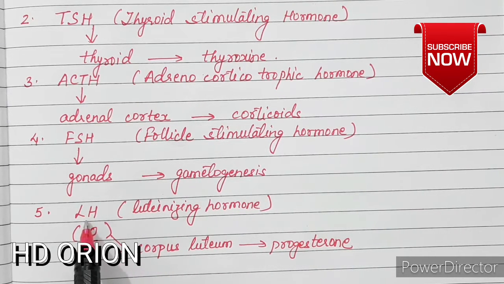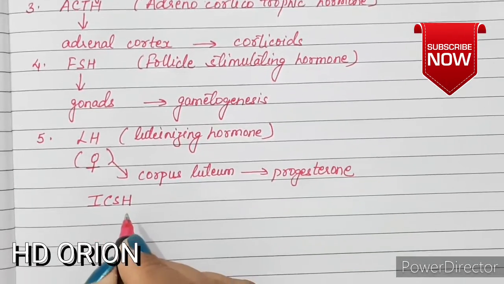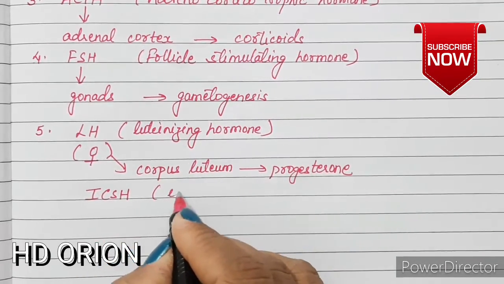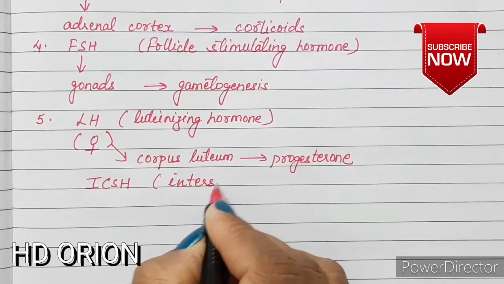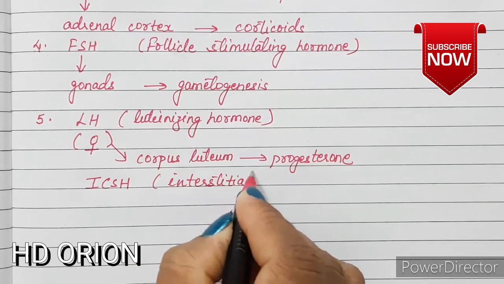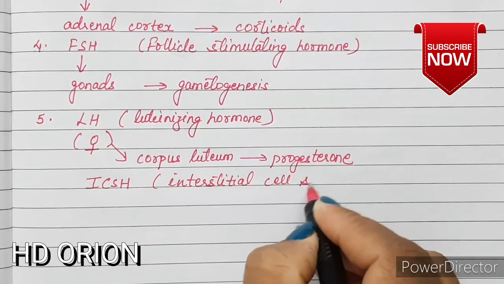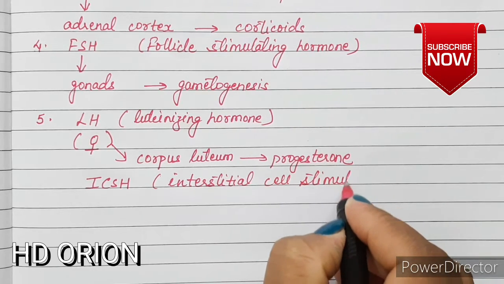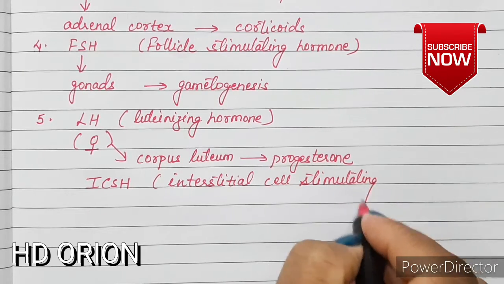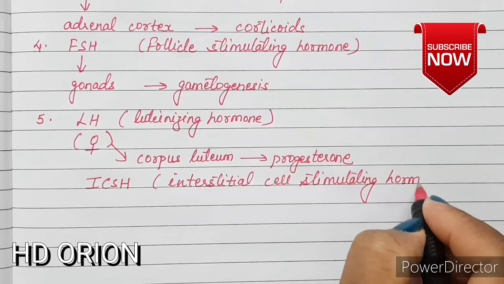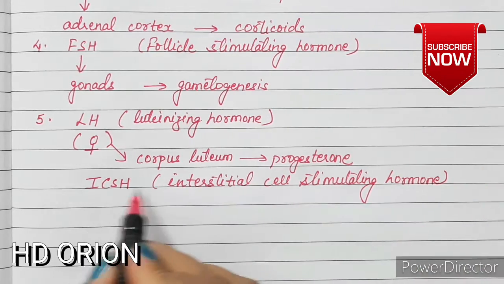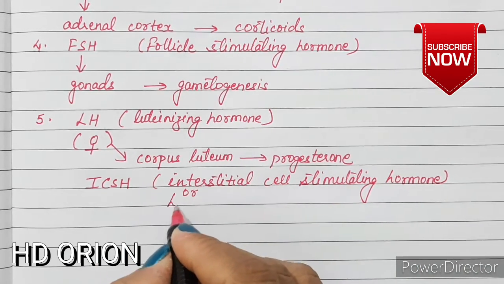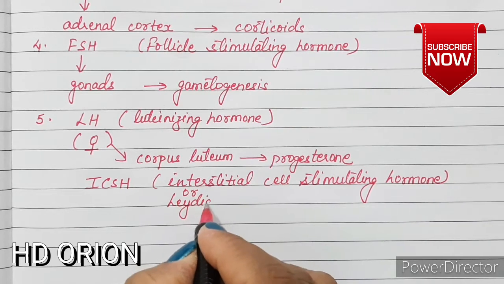The counterpart of this in males is ICSH. The ICSH stands for interstitial cell stimulating hormone. The interstitial cells are also known as Leydig's cells.